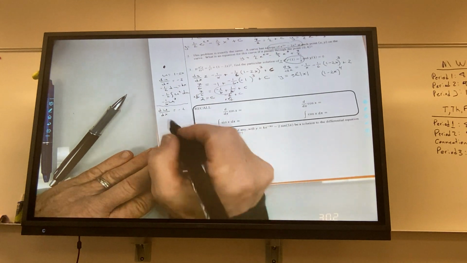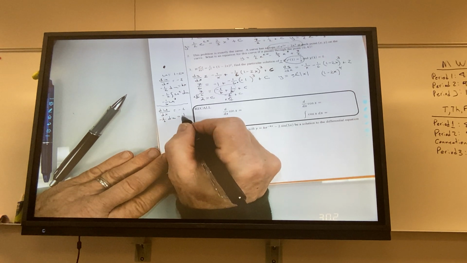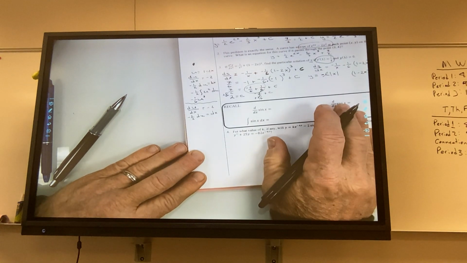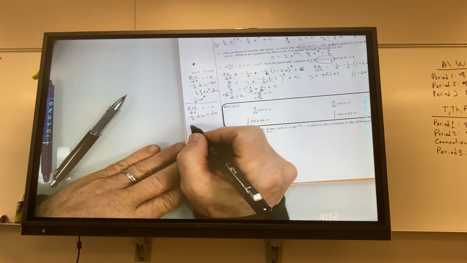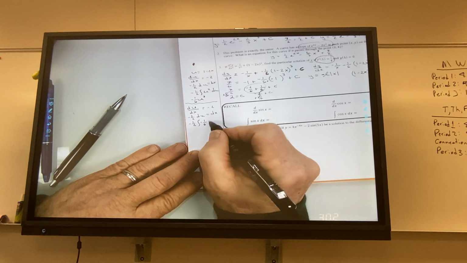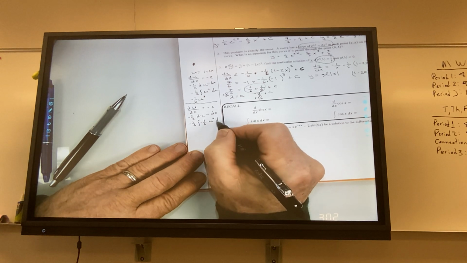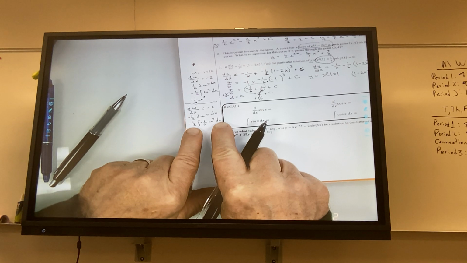Right? So I have a negative 1/2 du is equal to dx, correct? Okay? So now I have a negative 1/2 here. I have a negative 1/6, correct? And I have u to the 4th, du. So that was my dx right here that I'm pointing to.